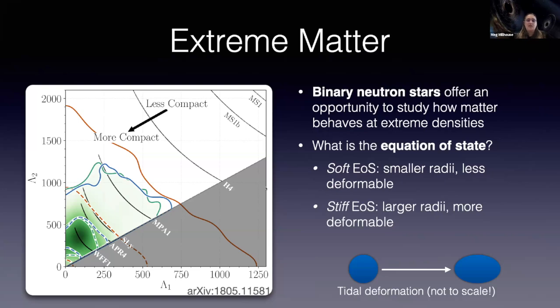And with that event, we see support for smaller tidal deformabilities, or tidal deformabilities are denoted by this parameter lambda. This means there's more evidence for softer equations of state or more compact neutron stars. So it prefers smaller radii for a given neutron star mass.